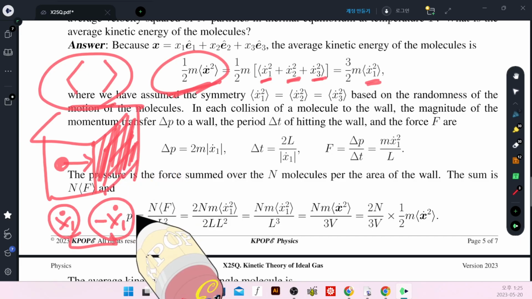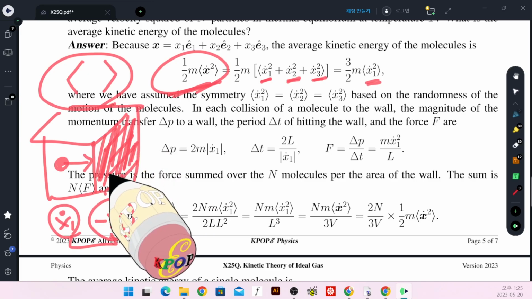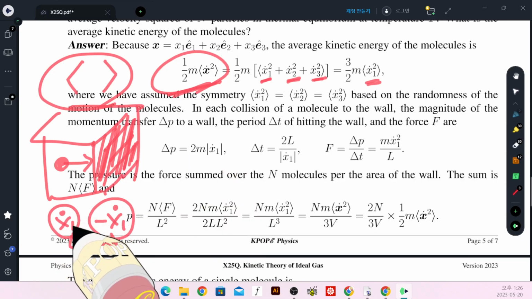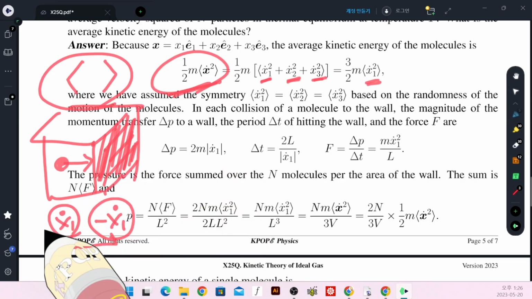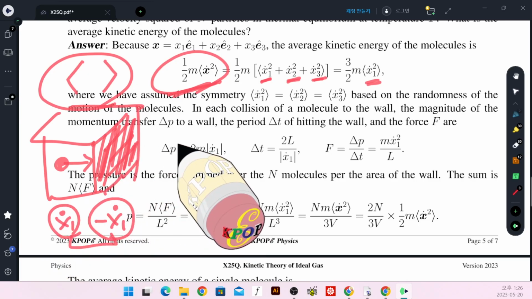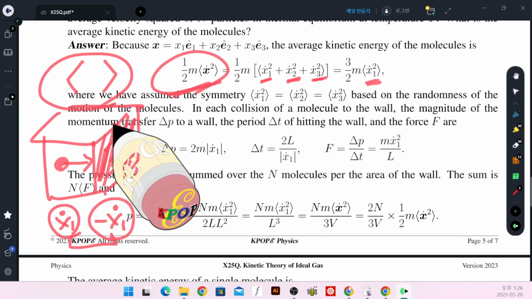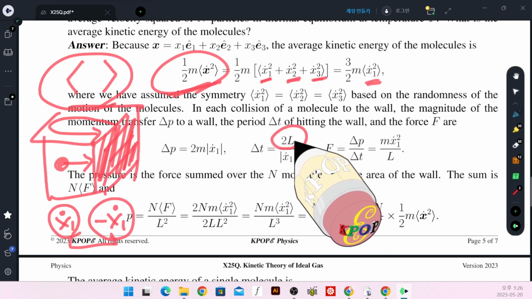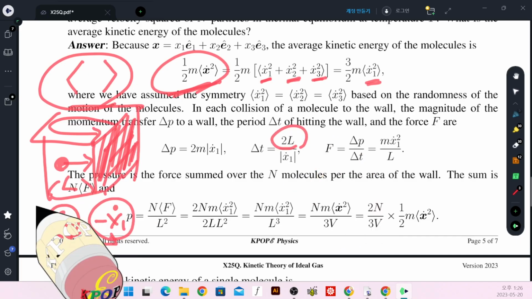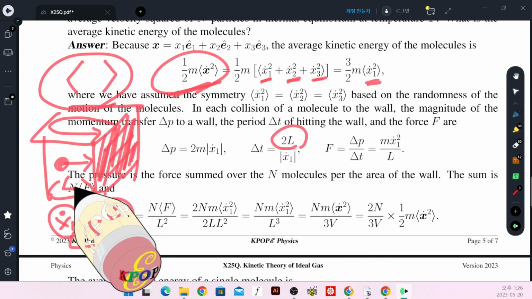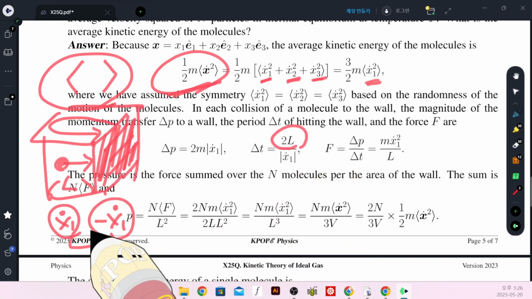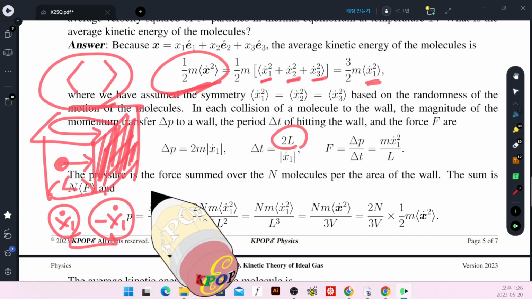As a result, the momentum transfer to the wall by a single molecule must be twice the linear momentum of each molecule along that normal direction. Because it returns to the same wall after traveling twice the length L, we divide it by the speed along the x-axis.